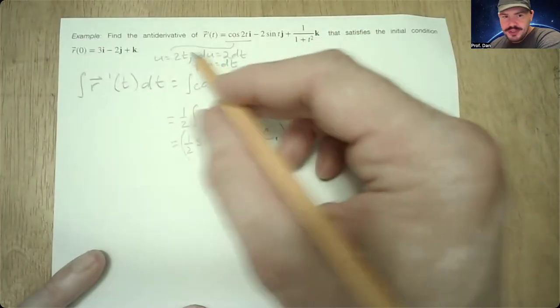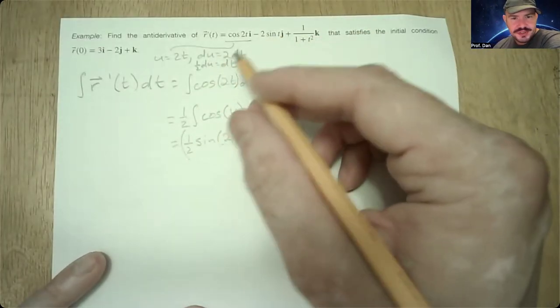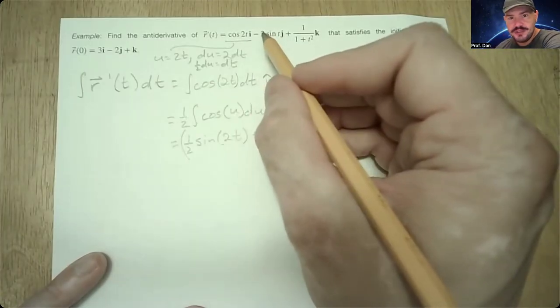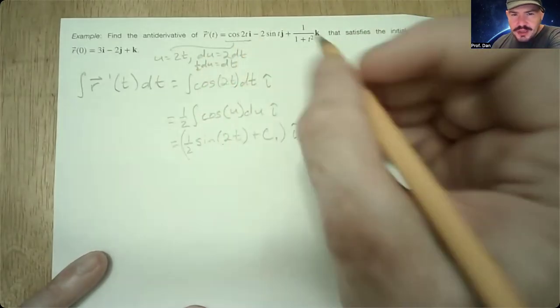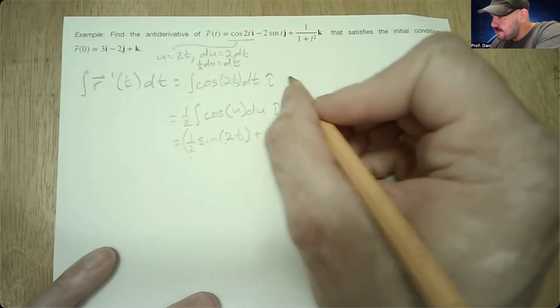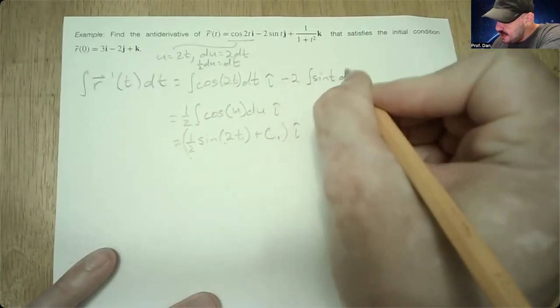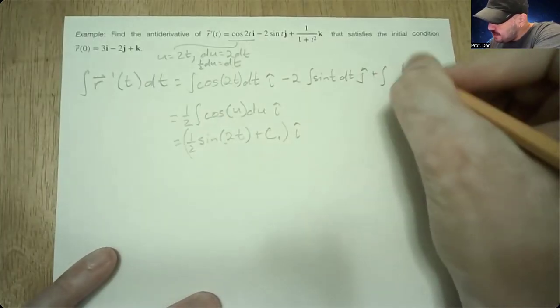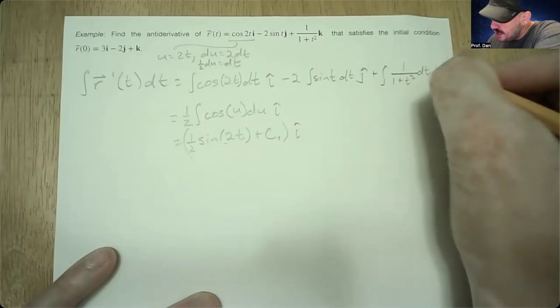I'm not going to go through this for the others. Actually, I don't have to go through that for the others because they don't have coefficients. This one has a coefficient, but it's out all the way in the front, so it's not the same as with this guy. So -2 integral sine of t dt for our j component and the integral of 1 over 1 plus t squared dt for the k component.